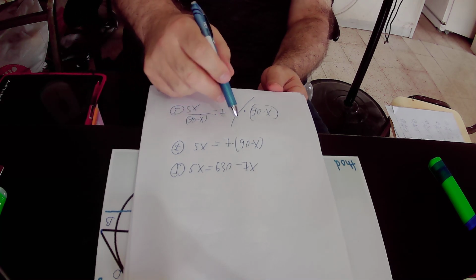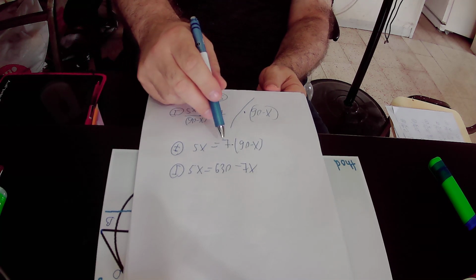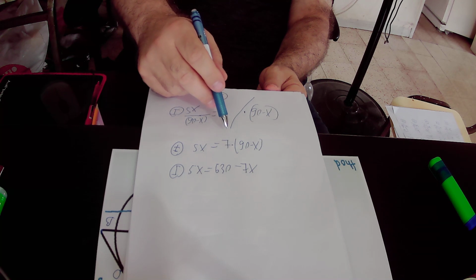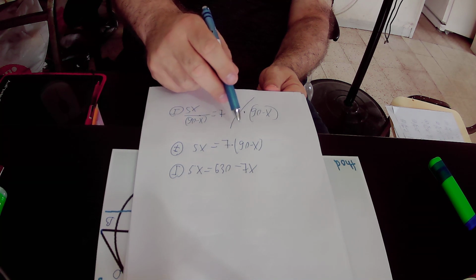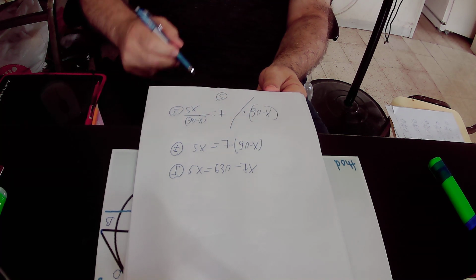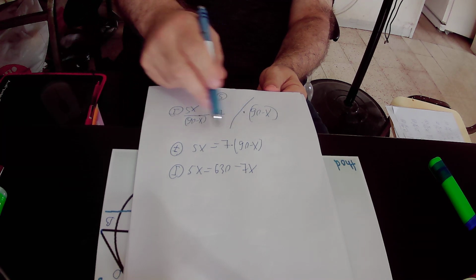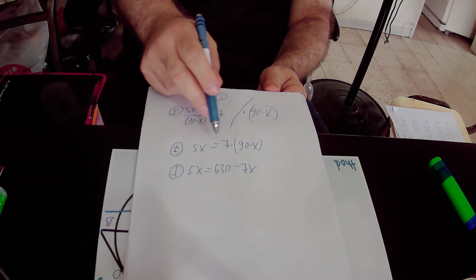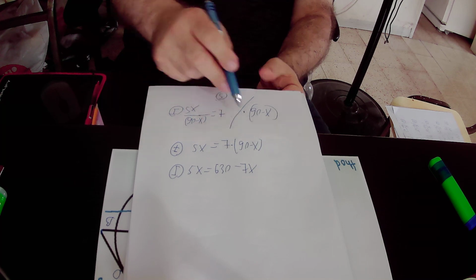So here we have 7 times 90 equals 630, and 7 times minus x equals minus 7x. Now we will add 7x to both sides of the equation.